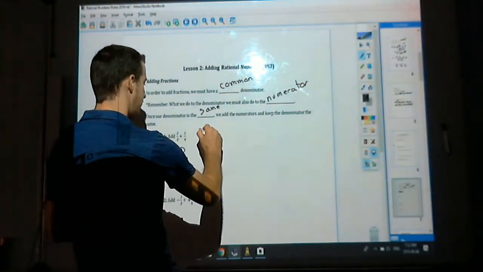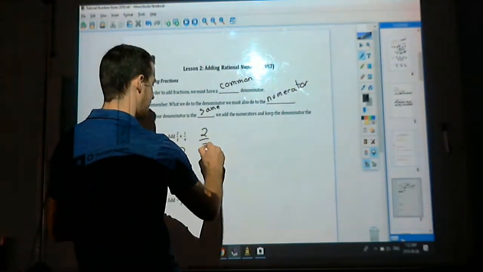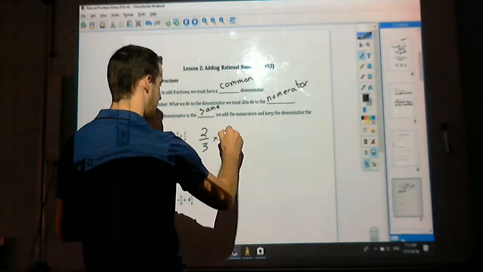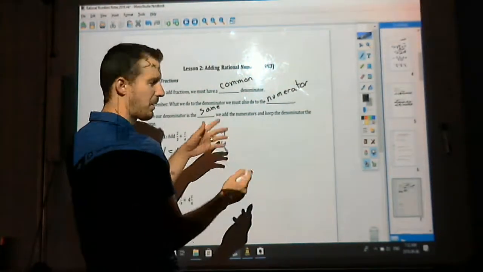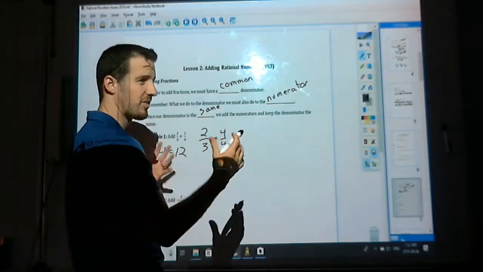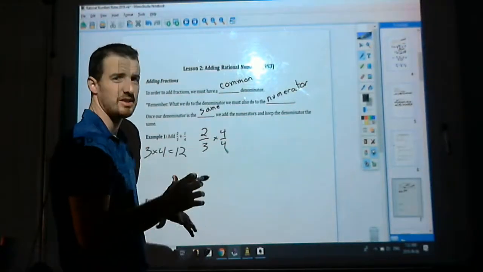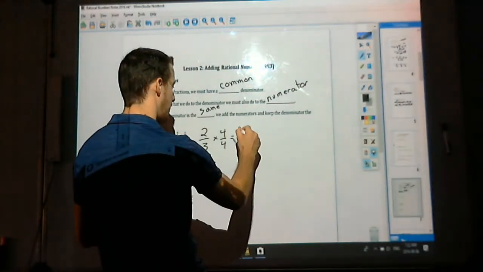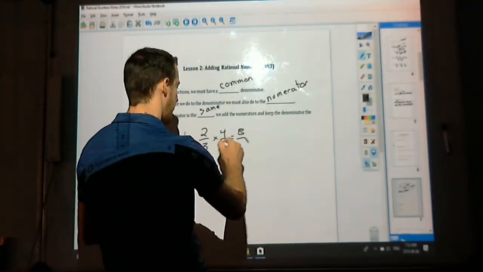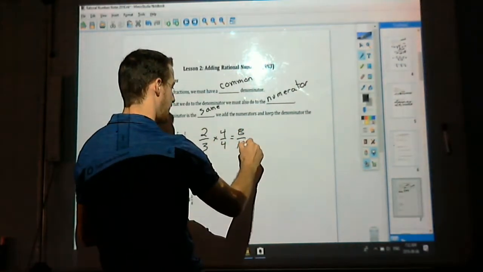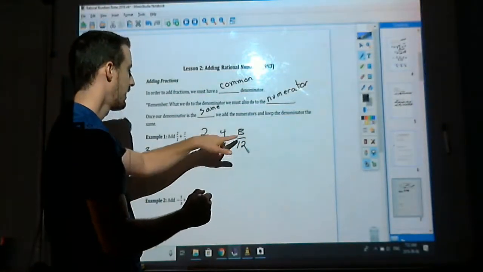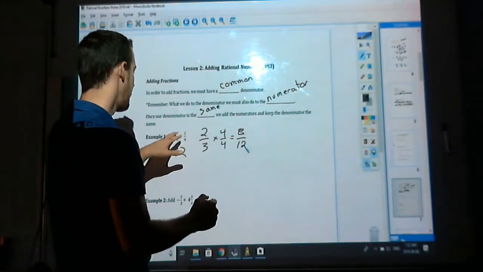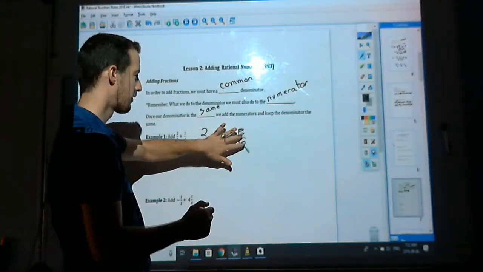If we start with 2/3 times 4 over 4, we're multiplying by 1, so we're not really changing anything. We're just changing the size of the fraction, but not the ratio. So here we end up with 2 times 4 is 8. On the bottom, 3 times 4 is 12. 8/12 is the same as 2/3.